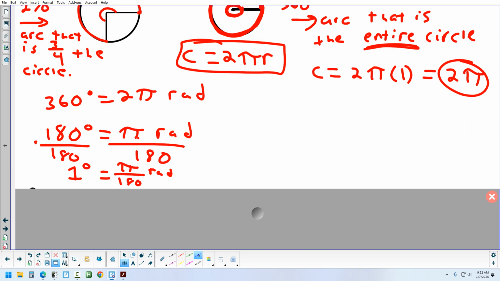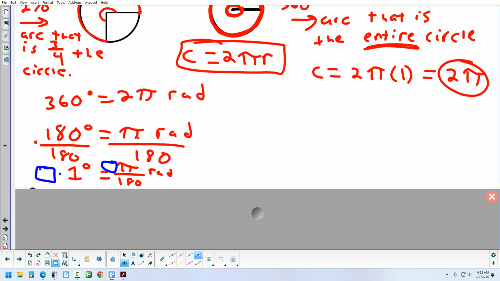Now, if I wanted a formula for 2 degrees, very easy. I can take that fact, which I know is true, and all I have to do is multiply each side by 2. Now I have a formula for 2 degrees. What if I wanted a formula for 5 degrees?